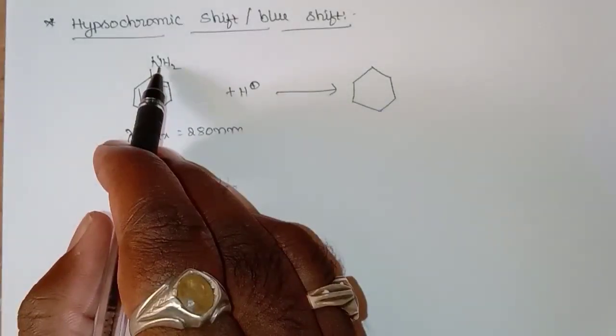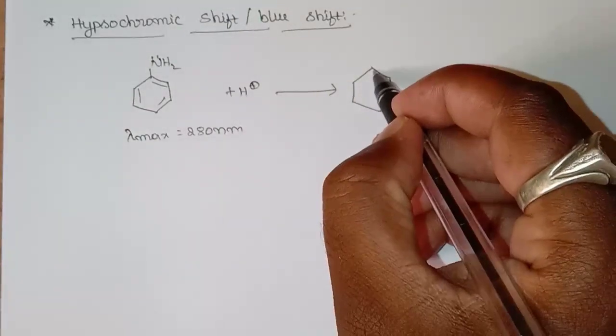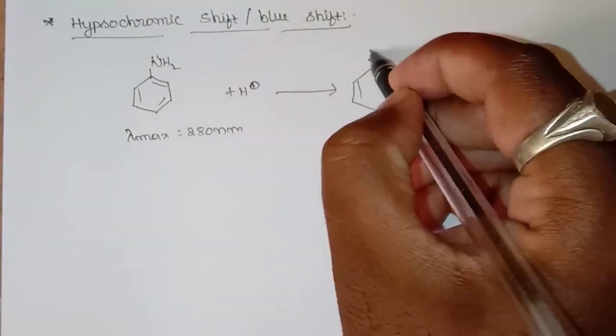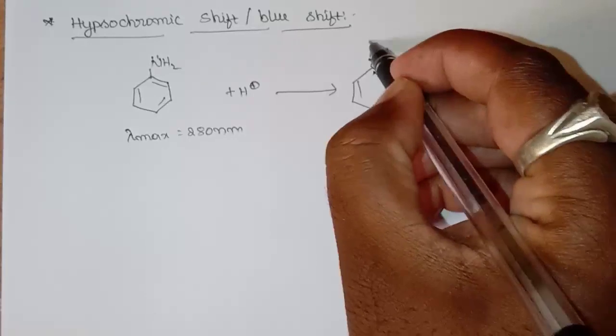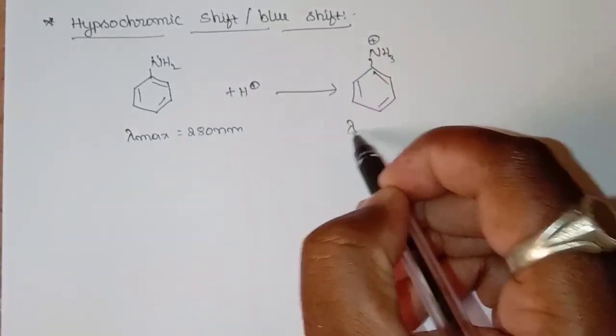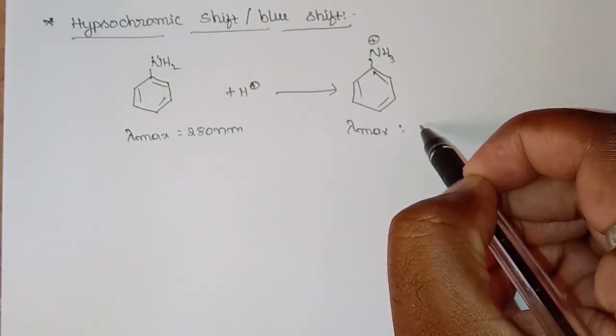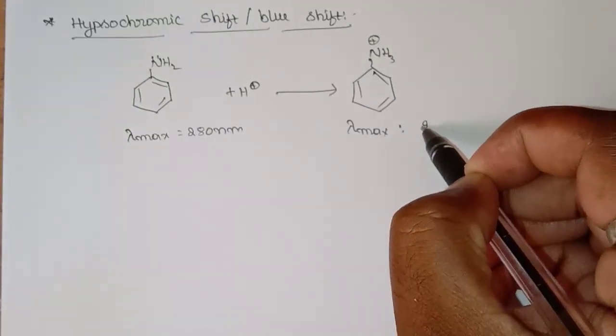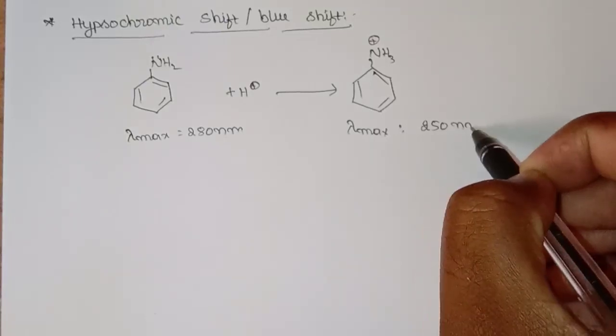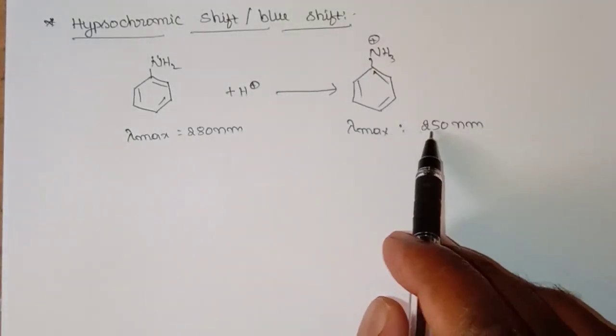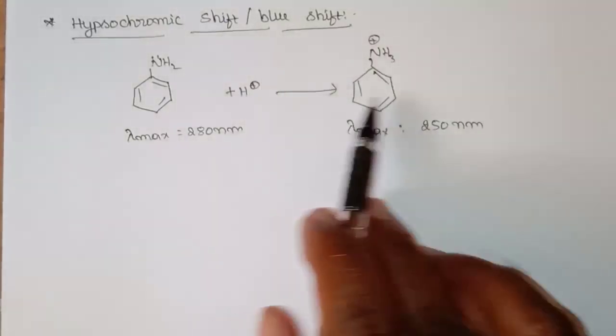That means the lone pair of electrons on the nitrogen atom receives the H plus, resulting in the formation of NH3 plus. The lambda max of this anilinium ion appears at 250 nanometers. You can notice a decrease of 30 nanometers in the absorption wavelength.